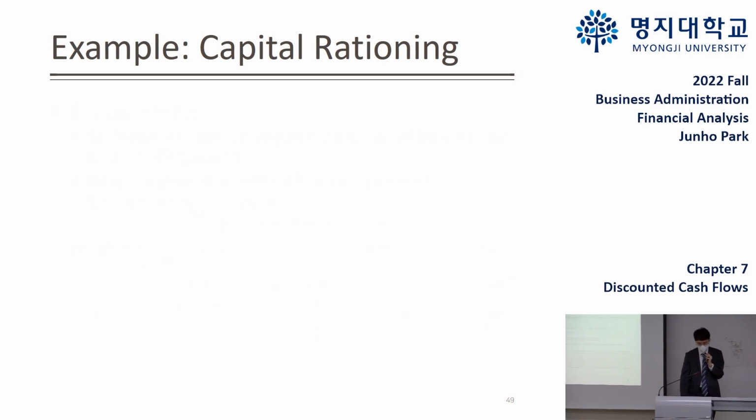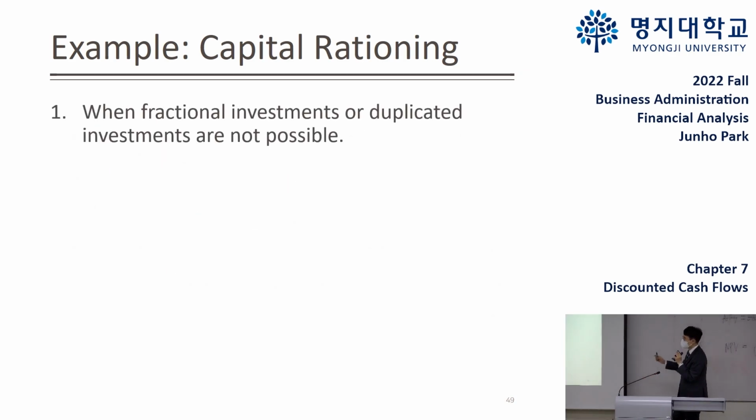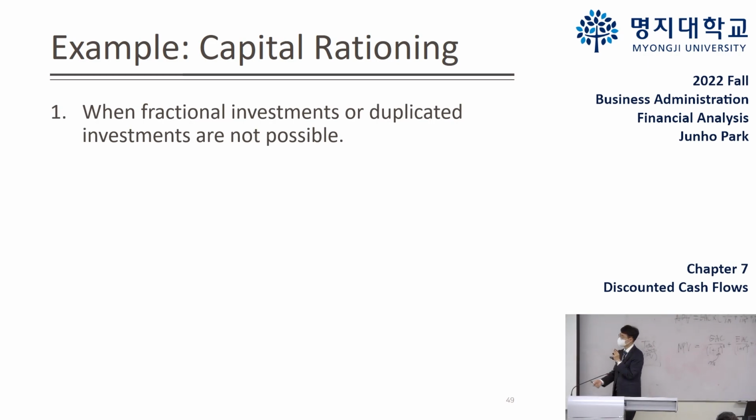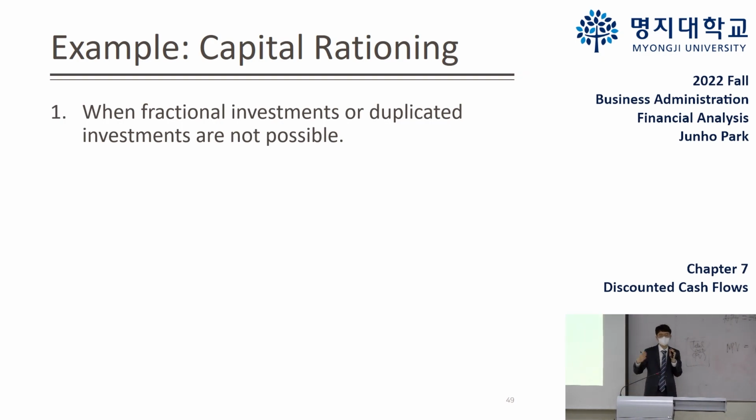The first case is that we cannot invest in these projects fractionally, or we cannot have duplicated investments. In other words, those investments are unique. So there were only 2 choices for each investment: we take it or not, 0 or 1.